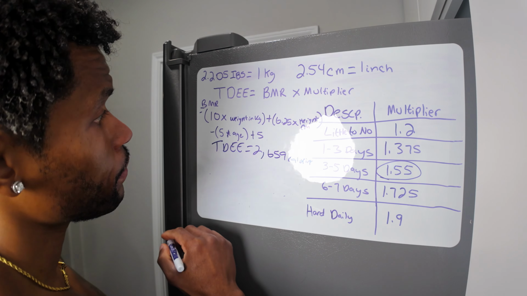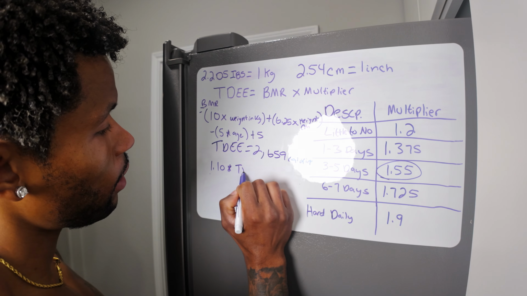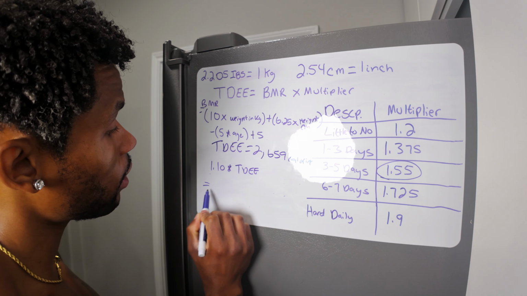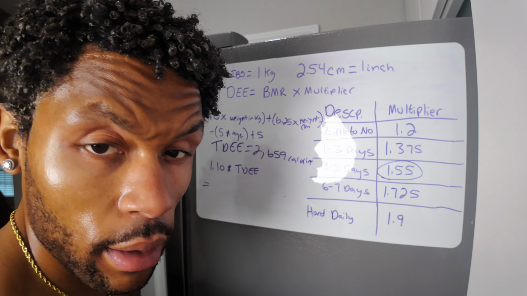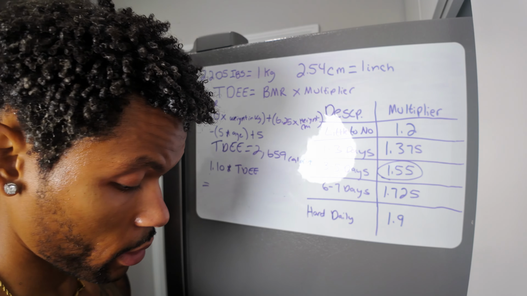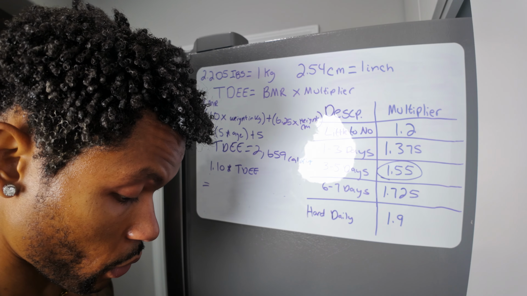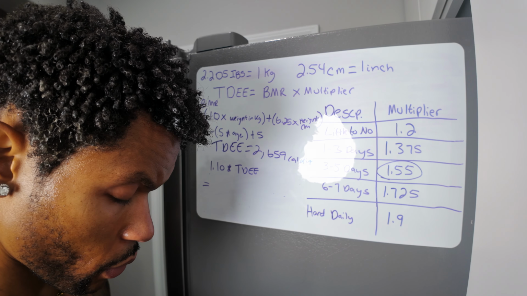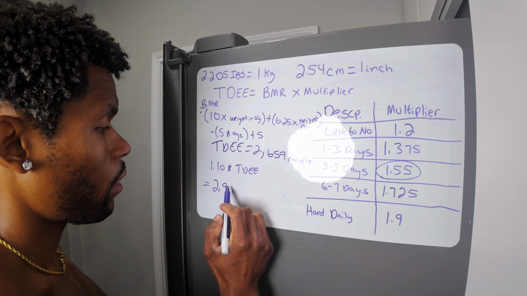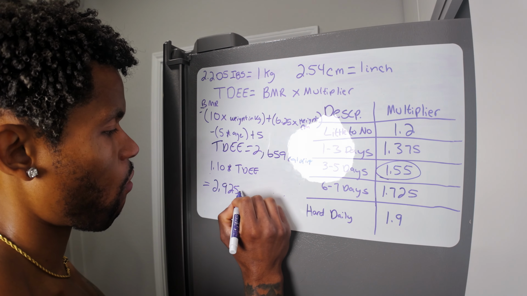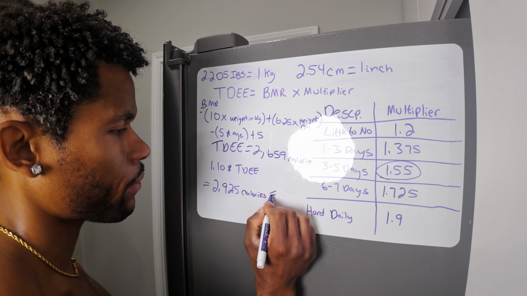So I'm going to multiply 1.10 times my TDEE, and that's going to give me my recommended calories to consume to make sure I stay lean and gain adequate muscle mass, which is 2,925 calories a day.